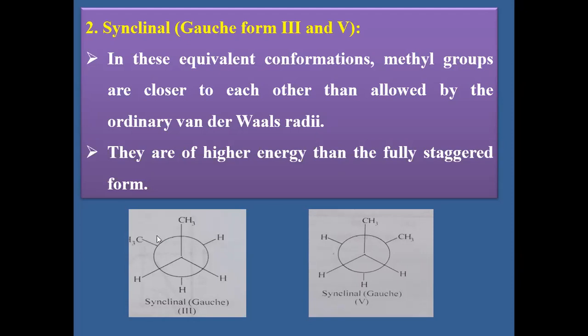So methyl groups are close to each other, and due to this closeness, they have a repulsive interaction. Due to this repulsive interaction, they are unstable. So they are higher energy than the fully staggered form, or in short, they are unstable.